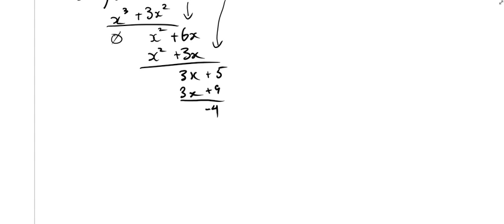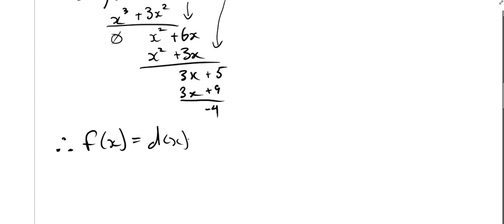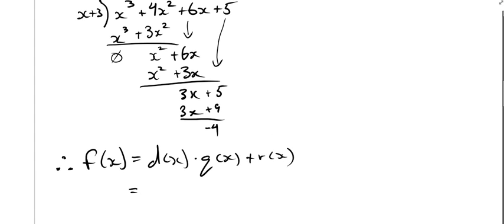Now we're going to write our division statement, our summary statement. So therefore, we don't rewrite the whole function. We just say f at x. I wouldn't usually write this, but I'm just going to write it to remind us. Equals d at x times q at x plus r at x. What was d at x? That's the divisor. That was x plus 3. Make sure you put it in brackets.